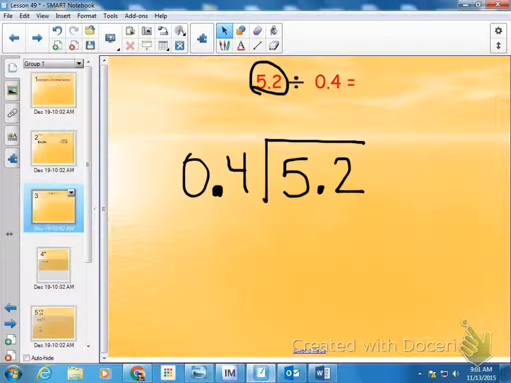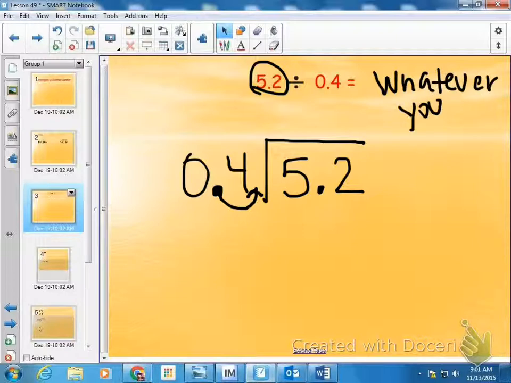We have to make that 4/10 whole. For me to make it 4 wholes, I need to move the decimal just 1 time. And my rule is whatever I do outside, I have to do inside. So why don't you go ahead and make that note: whatever you do outside, you have to do inside.